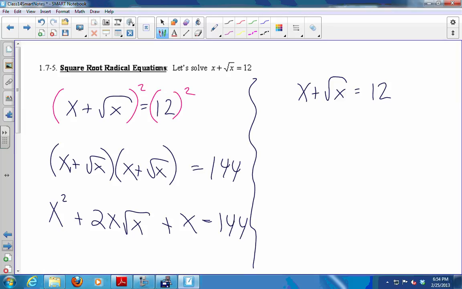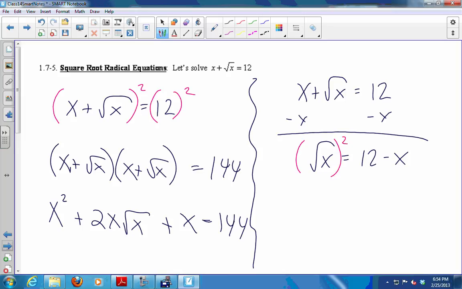Get the root x on its own, because then when I square it, it will just cancel with the root. So I could subtract x from both sides. So I get root x equals 12 minus x. And now that instinct to square both sides is going to pay off, right? Because now when I square root x, I'm just going to get x.